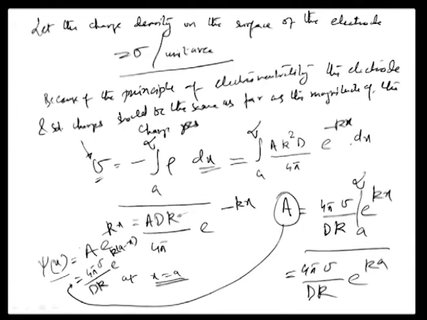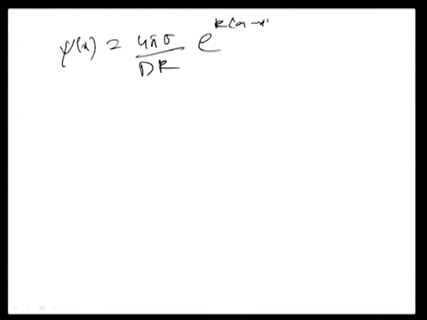So, we can fully write the potential psi of x in this case as 4 pi sigma by dk e to the power of k(a minus x).